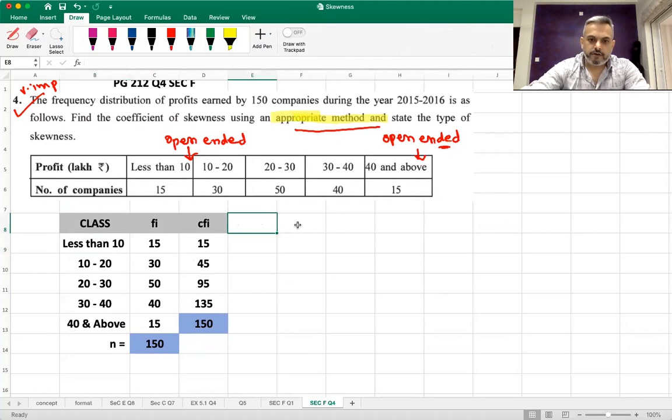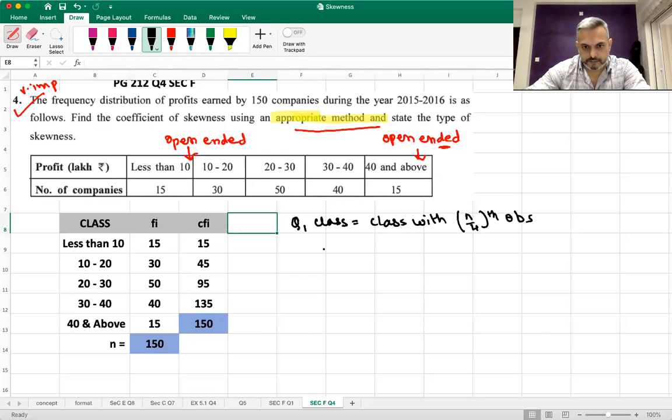Now we start with Q1. Q1 class is the class with the n by 4th observation.